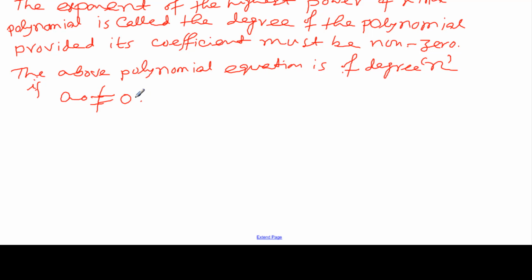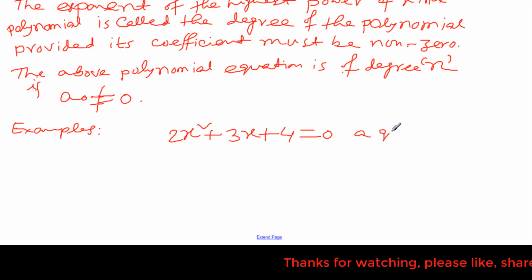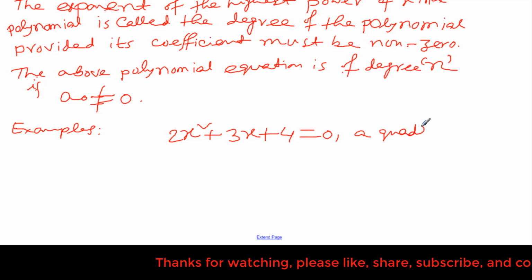The above polynomial equation is of degree n if a0 is not equal to 0.